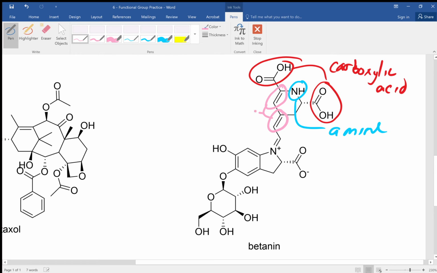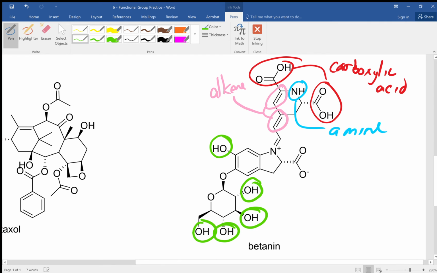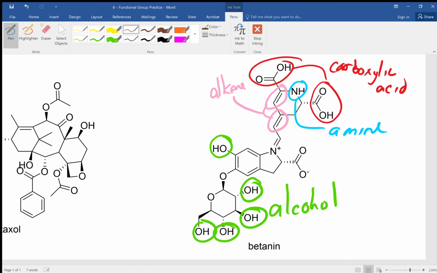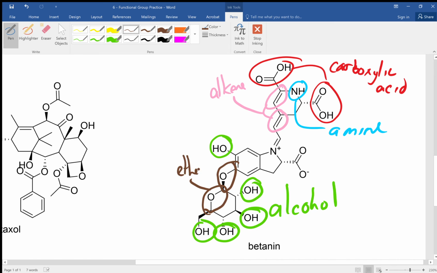We have two alkenes, the carbon-carbon double bond. Over here, as well as all around this ring, we have alcohols. Here, or we could go this direction as well, we could see the ethers there, the carbon, oxygen, carbon.